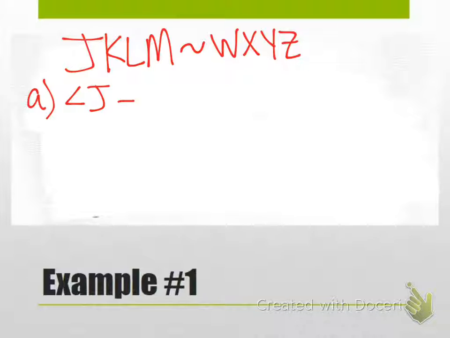What do you think angle J is going to be congruent to, based on what we learned last semester? Angle W, it's going to work the same way, where they're going to match up in the similarity statement to the order they should go in.